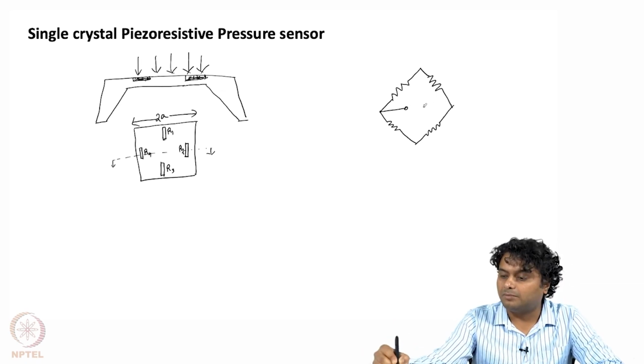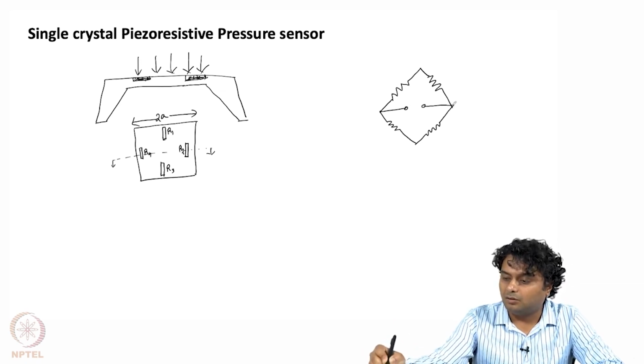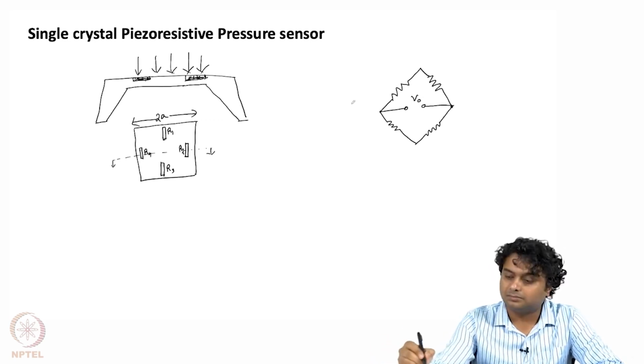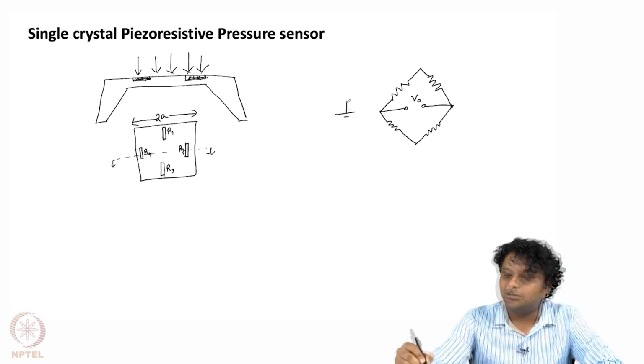This is where I am measuring the output voltage V0, and then applying some voltage.